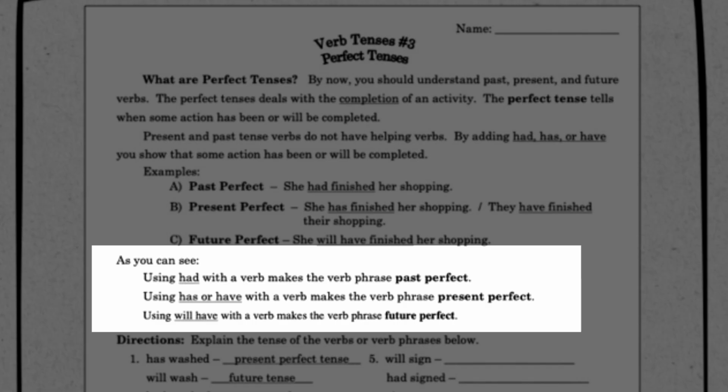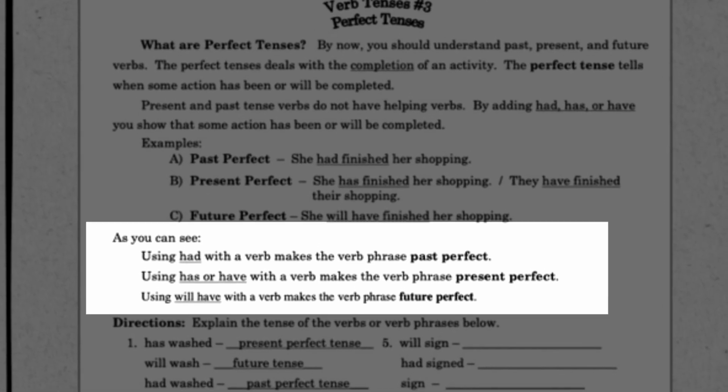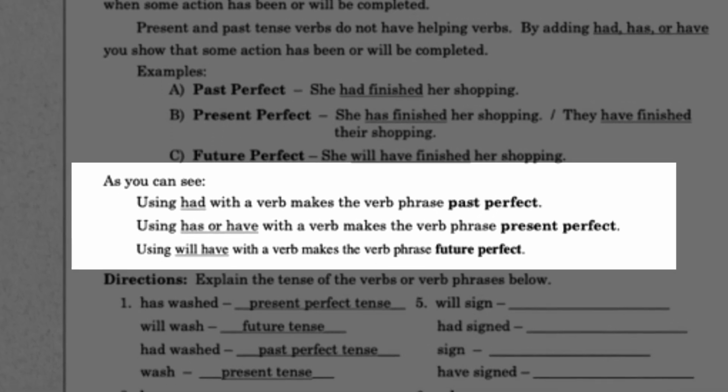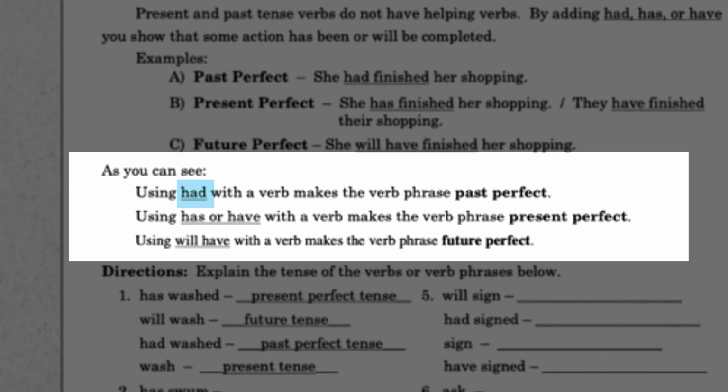And you can see the review right below where the students can annotate it and use it more easily on the worksheets. It just says had is used with the verb to make it a past perfect tense. Has or have is used with the verb to make it a present perfect tense.